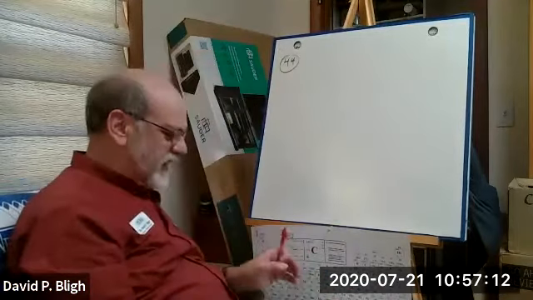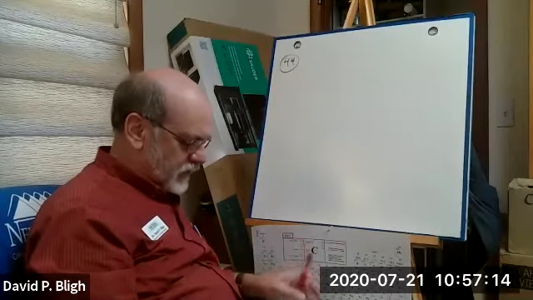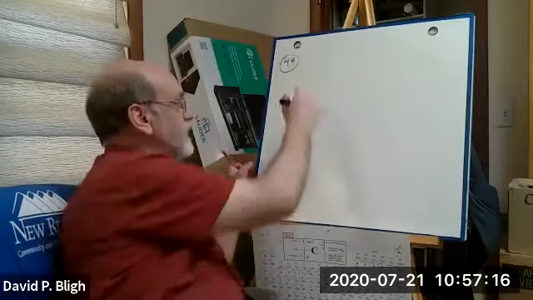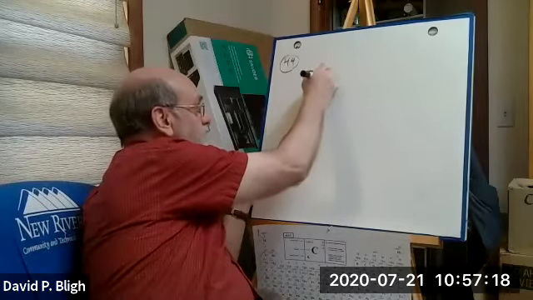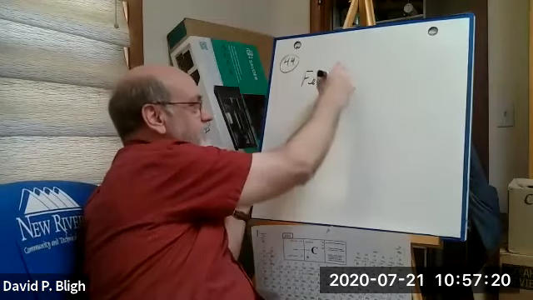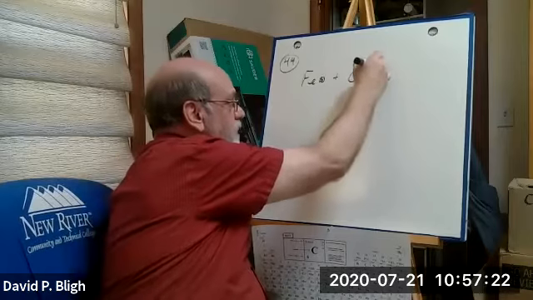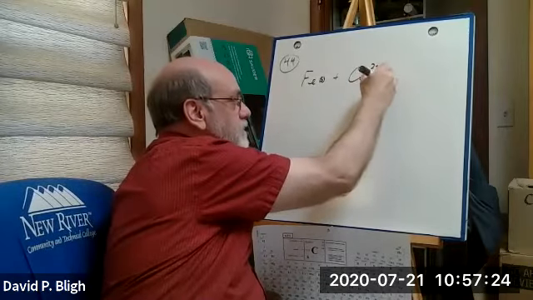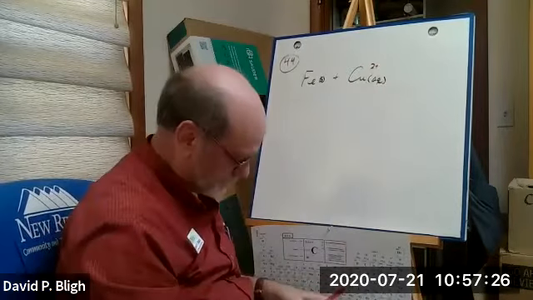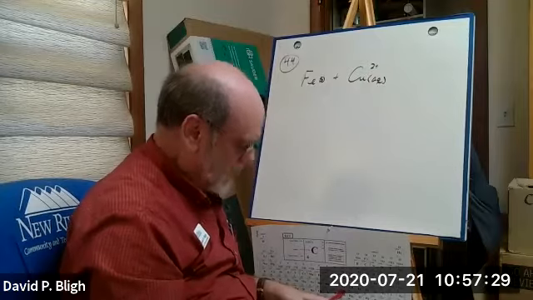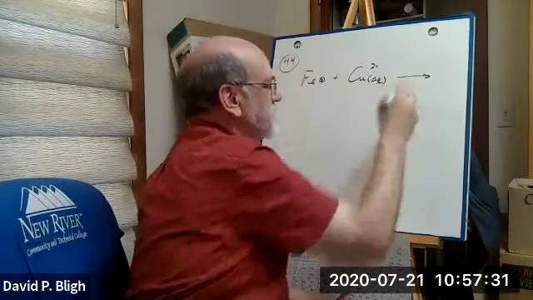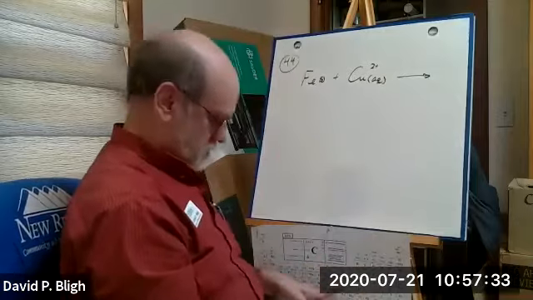An excess of finely divided iron is stirred up in a solution that contains copper 2 plus. So we've got iron finely divided, and copper 2 plus solution. Okay. And what do we produce?